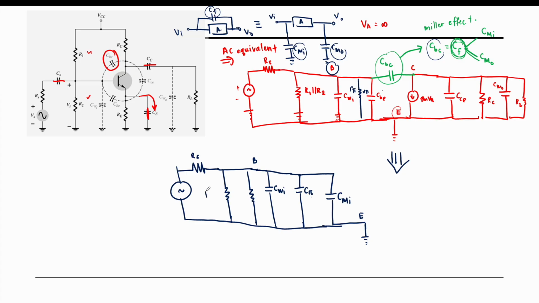So this is R1 parallel with R2, and this is R pi. Alright, so this is our base.